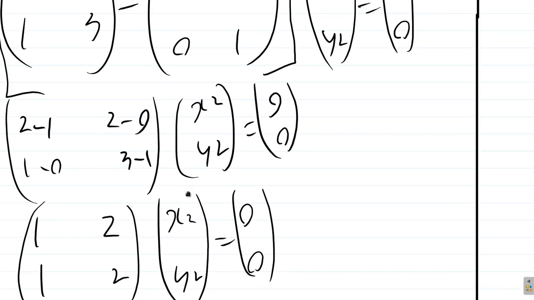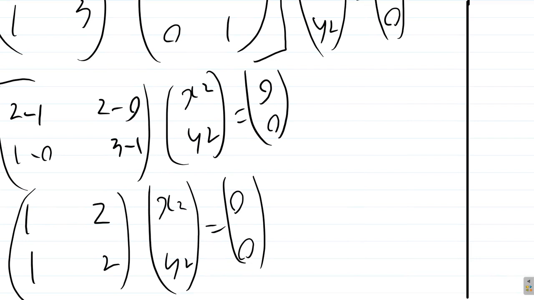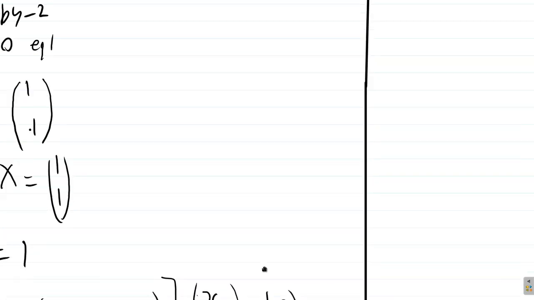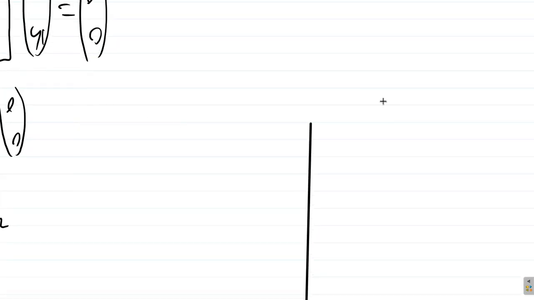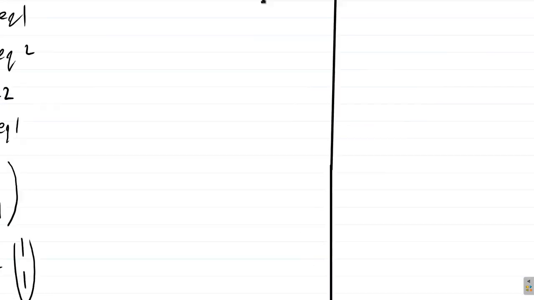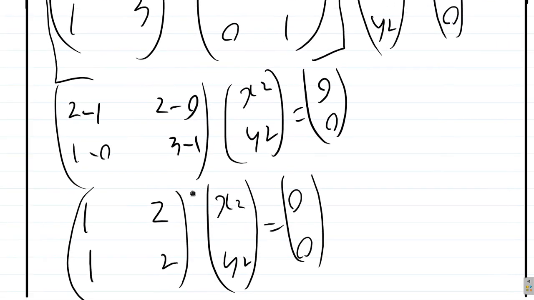So here, when you multiply the matrices, you're going to have 1x2 plus 2y2 equals 0. So x2 plus 2y2 equals 0. That's essentially what you will get. And here, multiply these, get x2 plus 2y2 equals 0 again.